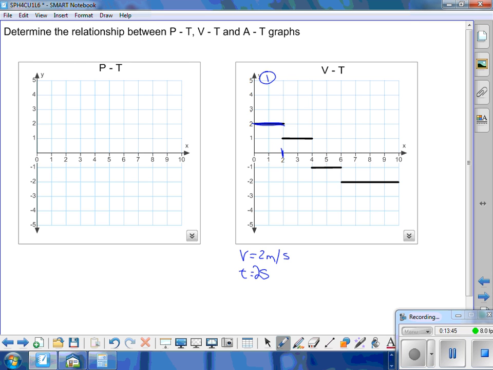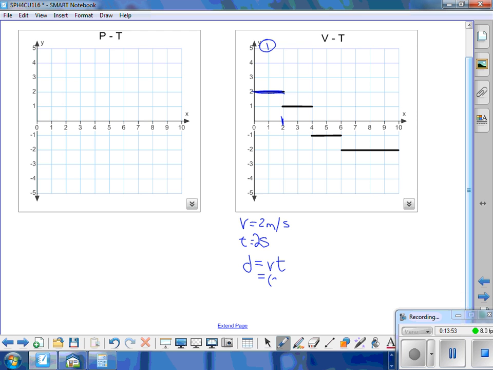Knowing that information from an earlier lesson, we know D equals VT. So if I put 2 times 2 in, we traveled 4 meters in the first 2 seconds. So if I start at 0 meters, after 2 seconds, I have traveled a total of 4 meters.